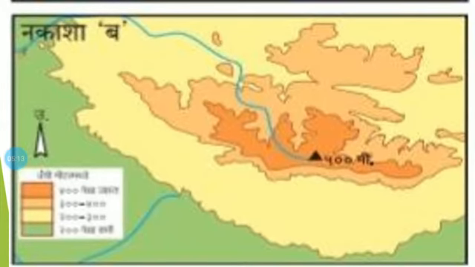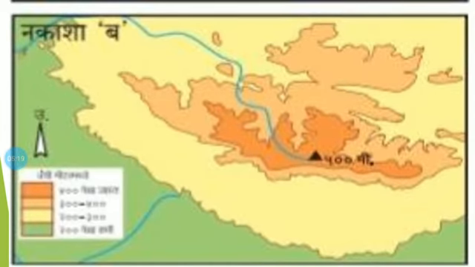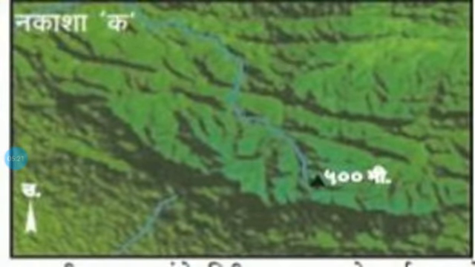See the next picture, there is a different type of map we can observe, but these maps are all the same area, they are just drawn in different ways.